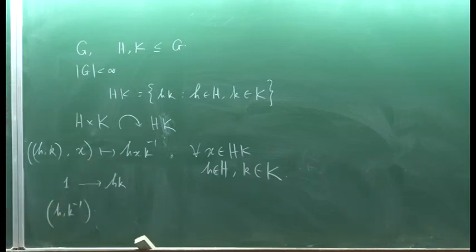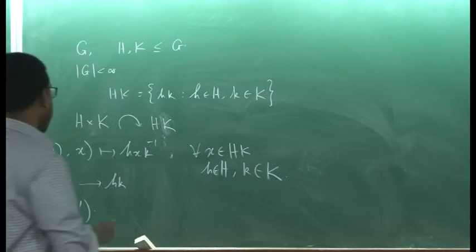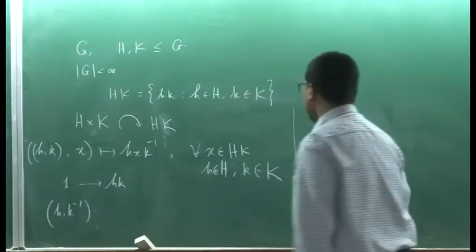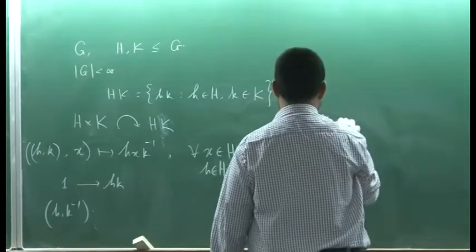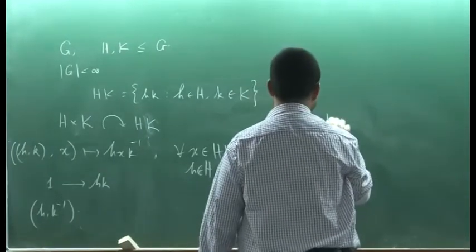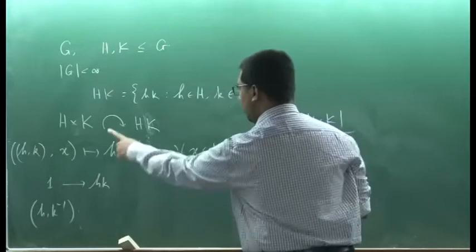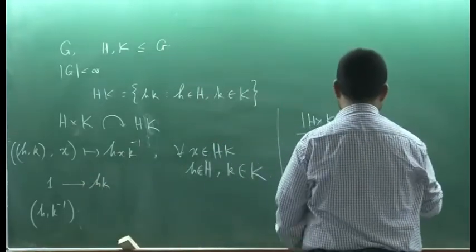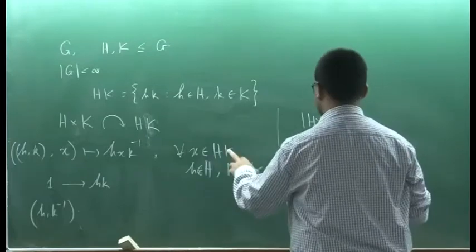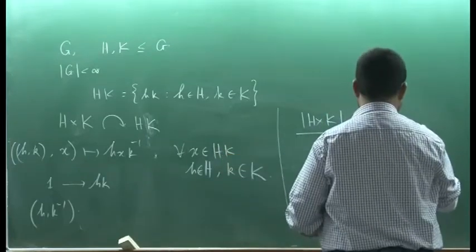So this action is irreducible. Hence, since it is irreducible, we can immediately use this counting formula. So the order of the group divided by the order of the stabilizer of 1 is the same as the order of HK.